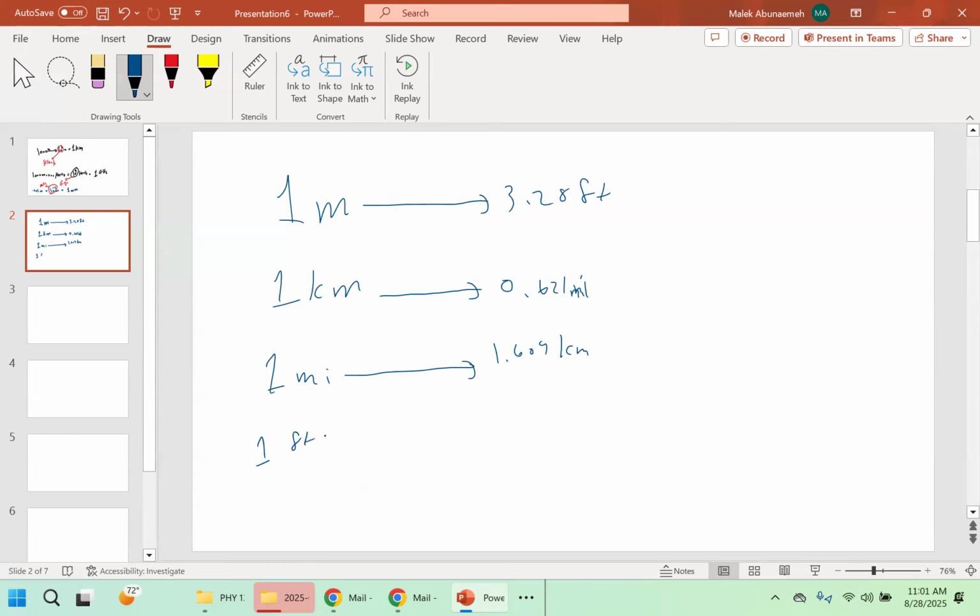And 1 foot is 0.305 meters. And then 1 day is 24 hours, which is 86,400 seconds. Now, notice the different factors.